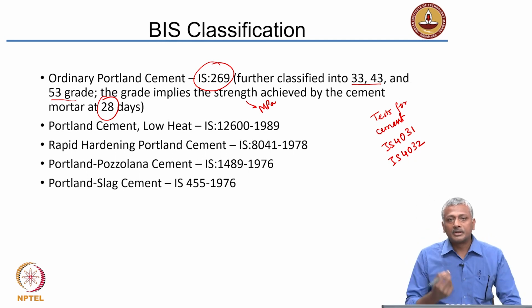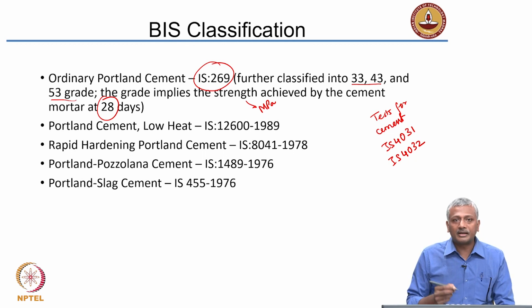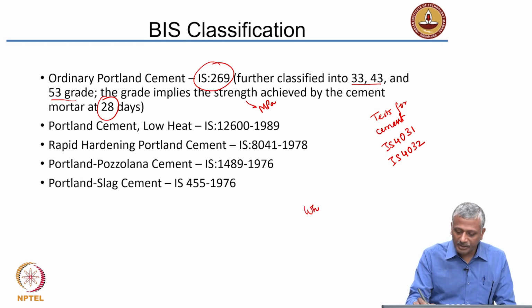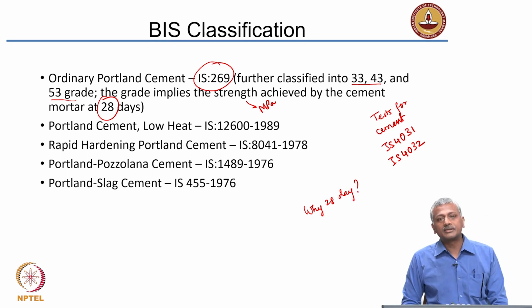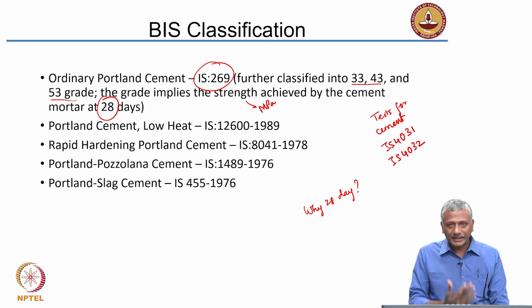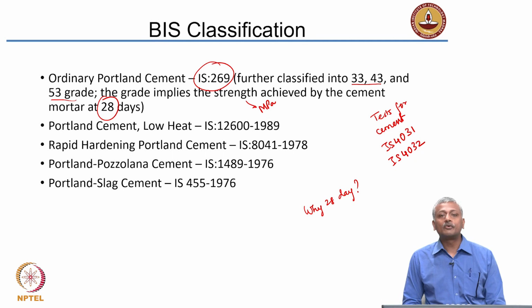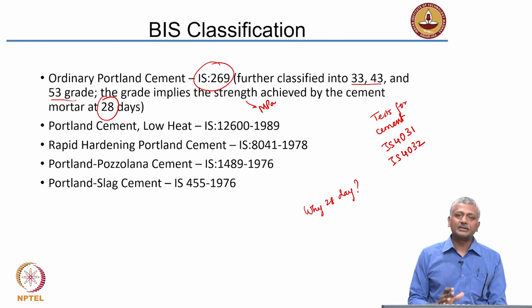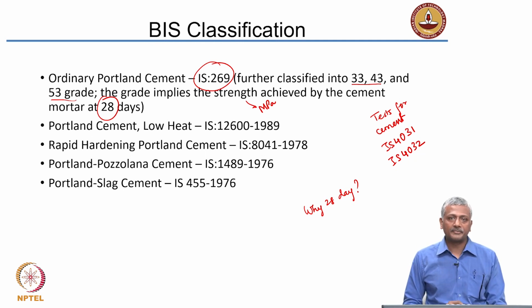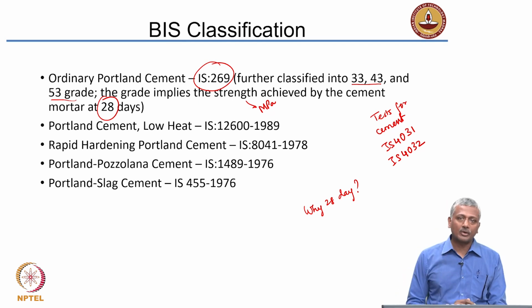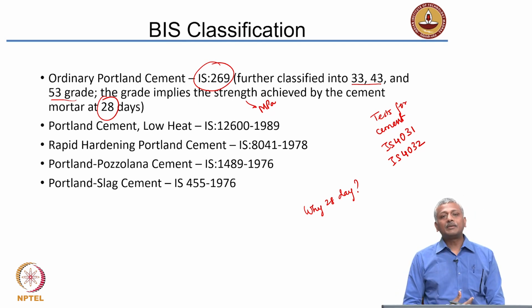So a couple of questions for you to understand why we consider 28 days strength. It is because most of the cement that is likely to hydrate would complete its hydration within 28 days for a general purpose cement, type 1 cement. If you think about low heat cement, 28 days is probably not enough. You may have to think about a much longer time period, increasing the time over which the reaction actually happens with water.